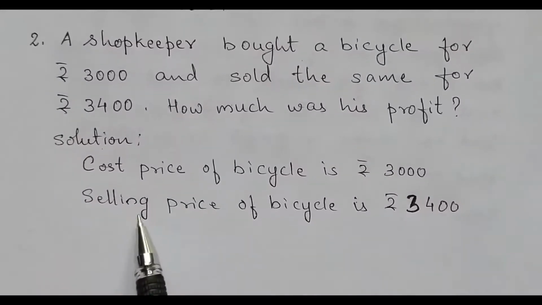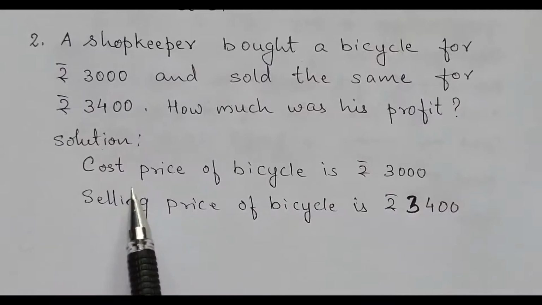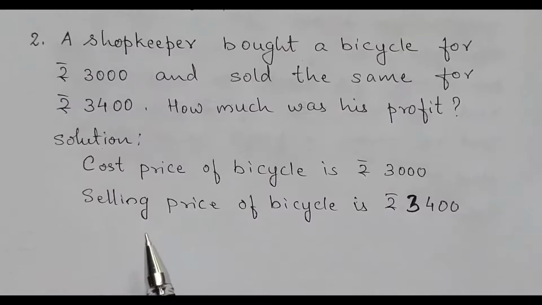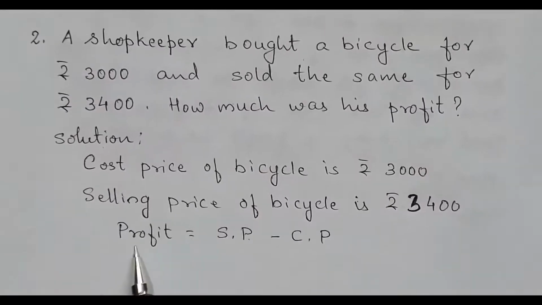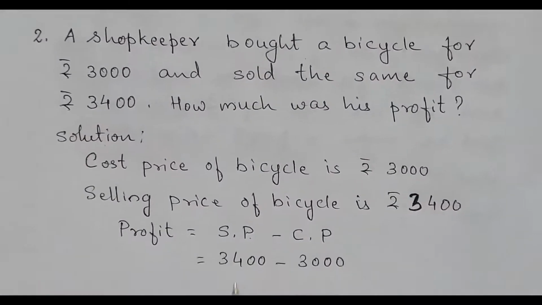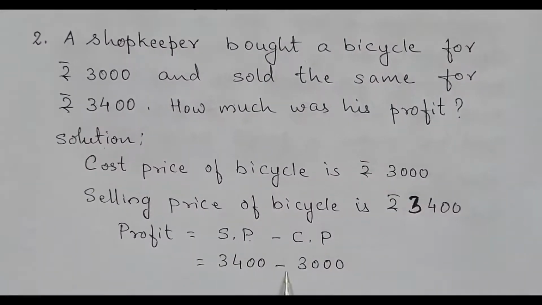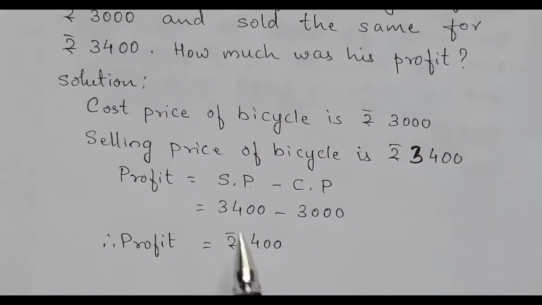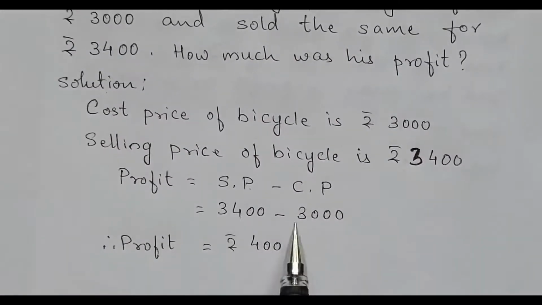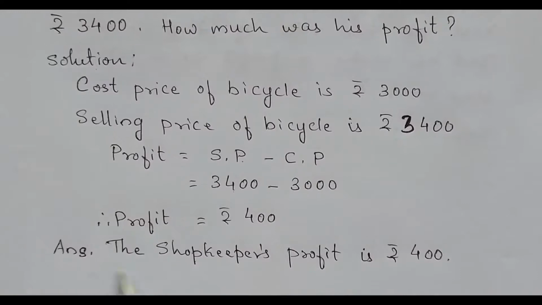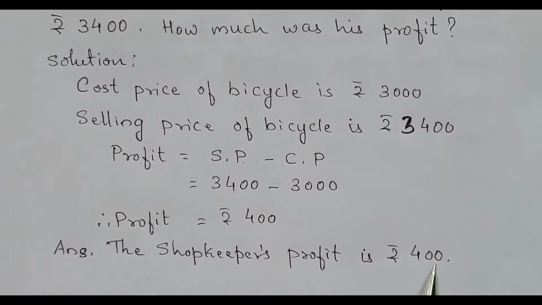Here the selling price is more than the cost price, so the shopkeeper has made a profit. Profit is equal to selling price minus the cost price. That is 3400 minus 3000, which is 400. So the profit is rupees 400. So your final answer is the shopkeeper's profit is rupees 400.